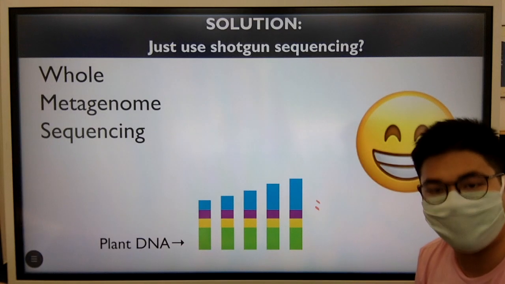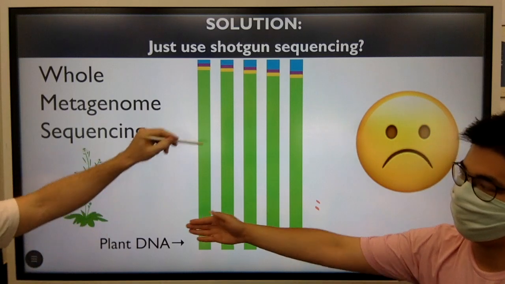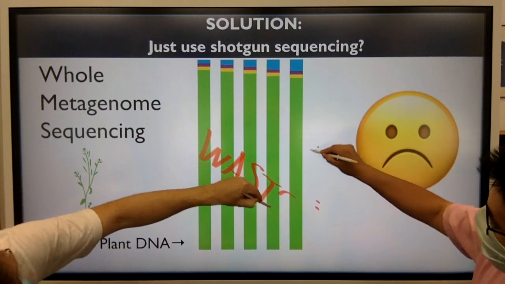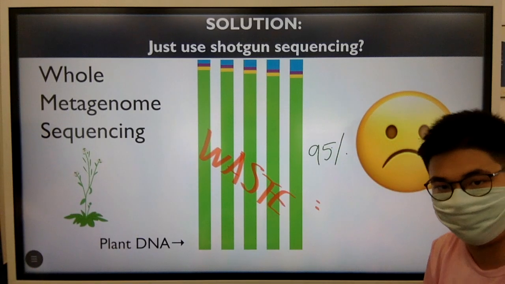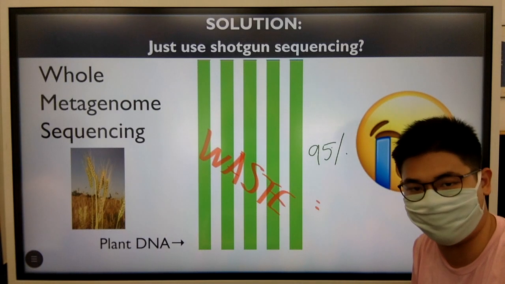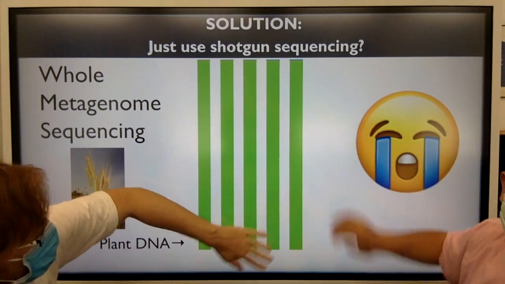But in reality, we get mostly information from plants. In Arabidopsis, around 95% of the total reads are wasted. And it's even more wasteful with a bigger plant genome, like wheat, which has around 16 gigabases.